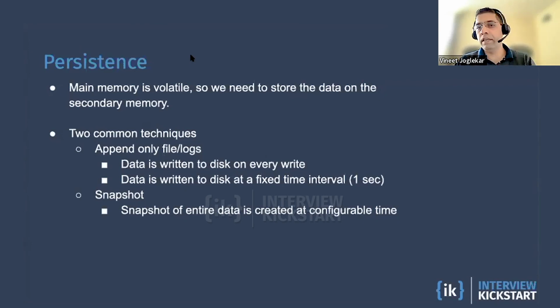If you're writing every single write, you're going to have latency added, because if you wait until that entry is written in the file and then give the ACK back to the user, it's going to take some time. But if you're buffering it, you can give the ACK back immediately and then flush the buffer after a specific period or when the buffer is full.